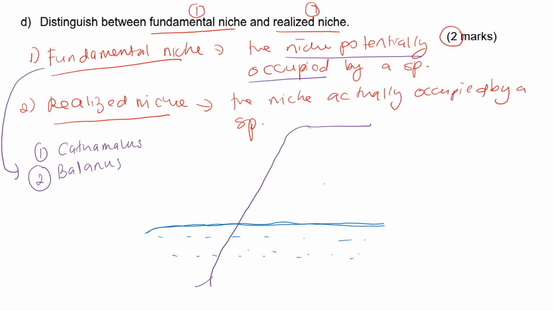Okay, so when the two species are present, living on this rock, there are two species present living on the rock. The top one is Catamalis and the bottom one is the Balanus.